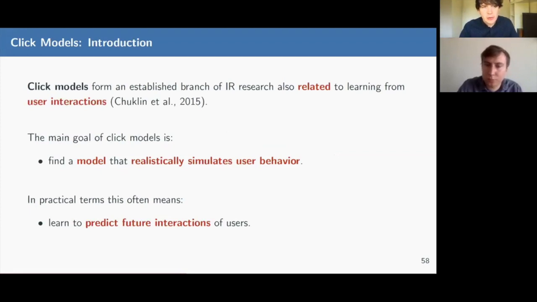The main goal for click models is to find the model that best simulates realistic user behavior. In practice, that means: can we predict where people will click in the future? If you have a really large click log, can you learn a model that predicts where people are going to click? If you can do that, you would have found a very realistic way to simulate user behavior, and you can probably better understand it.